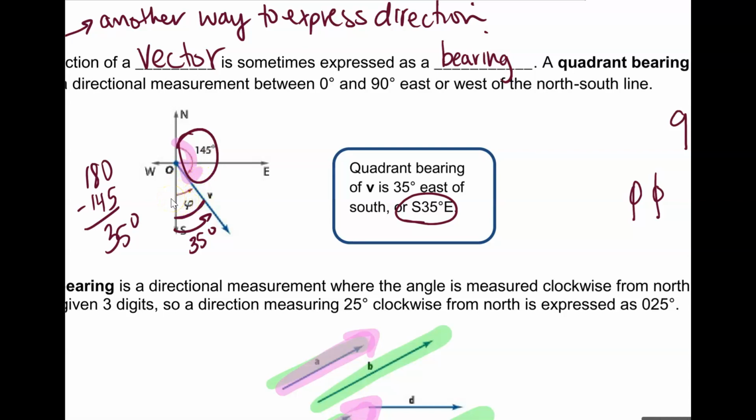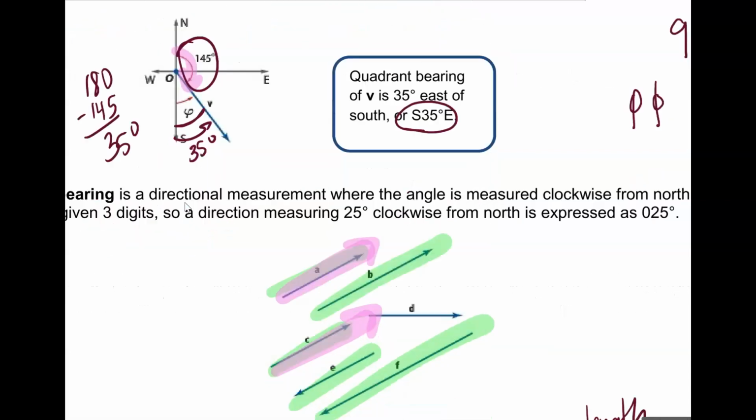So here we have a bearing that is going east, 35 degrees towards the east. If I had a vector 35 degrees that way, it would be west of north. Okay?